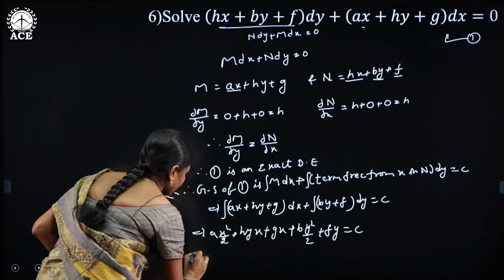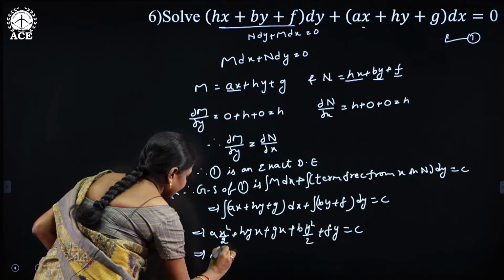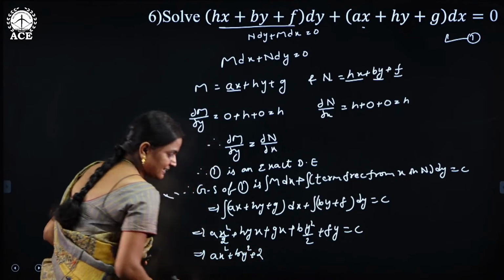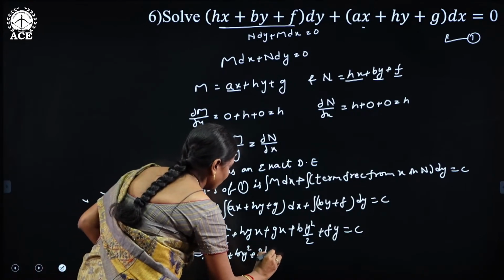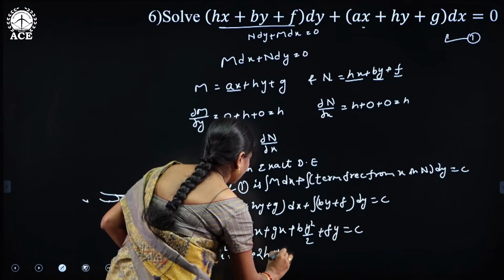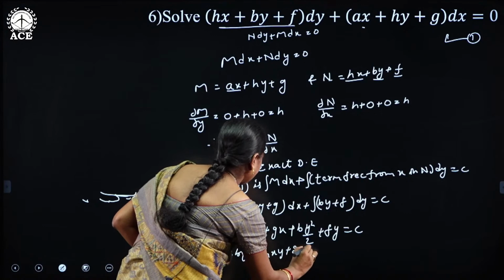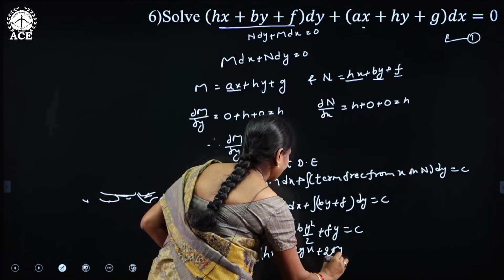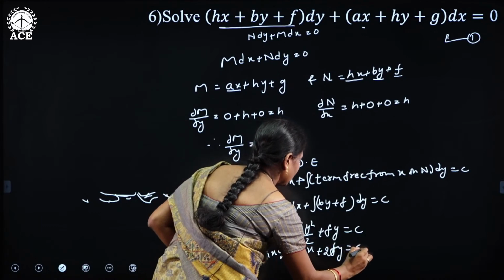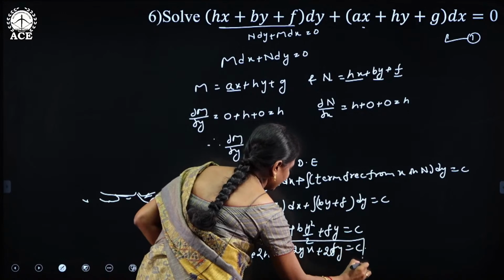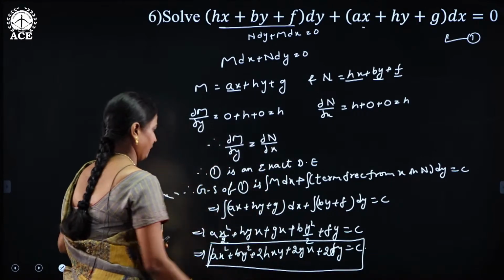So how to write this one? Which is equal to ax square plus by square plus, if we take LCM it is 2hxy plus 2gx plus 2fy is equal to c, which is the required general solution of the given differential equation.